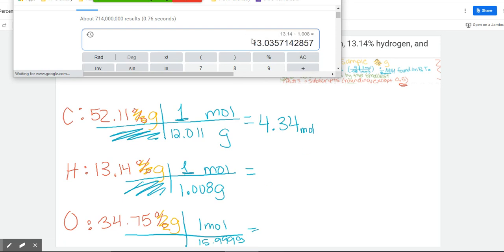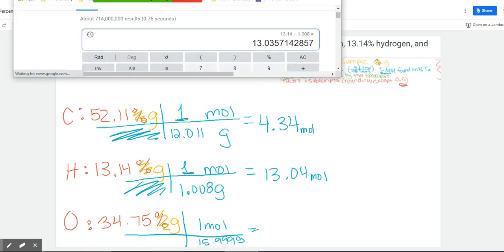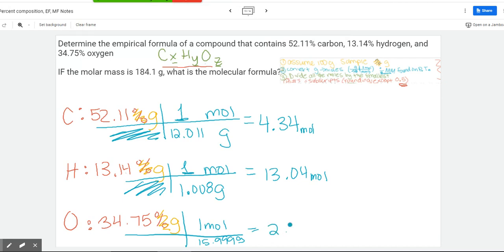So we get 13.04. Sorry. I'm going to 2 decimal places right now. And then we have our last one for oxygen, and we have 34.75 divided by 15.999. We're going to go ahead and get 2.17 moles. All right, so we've now finished our blue step right here where we converted everything to moles.